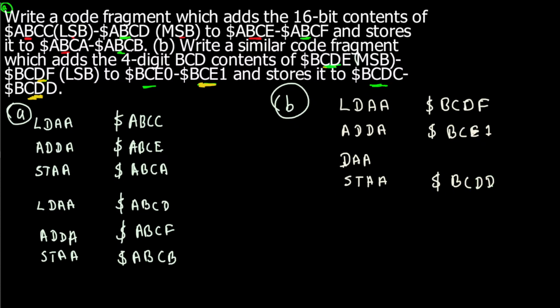The same thing has to happen for the most significant bit. We have to load it. The first value is BCD, then we have to add it. The one we are going to add here is the first one we looked at, BCE0.